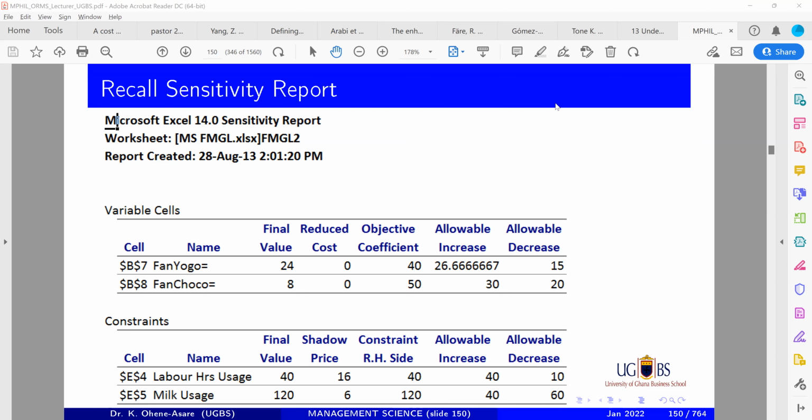The constraint is rather binding if the shadow price is not 0. If the shadow price is not 0, the constraint is binding. But what I said is that if the slacks are 0, the constraint is binding.